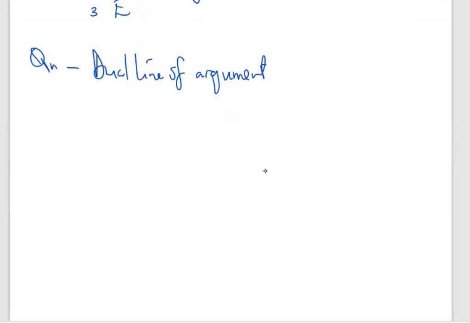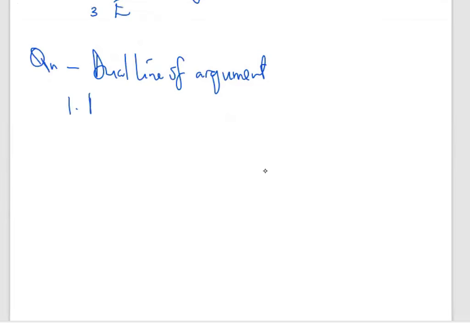So when you're answering this one here for question number 5, a critical discussion is answered slightly differently from a "do you agree?" question. A critical discussion, we want a dual line of argument, which means you must adopt 2 lines of argument.